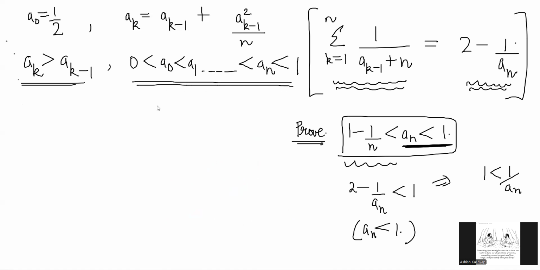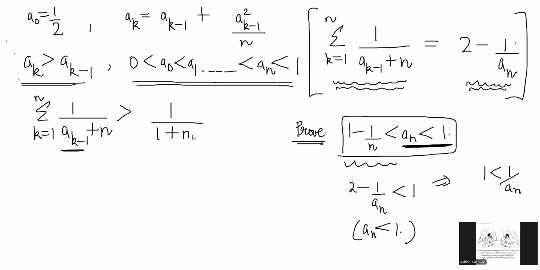So this is known to us. Therefore, what we can say is this summation k goes from 1 to n, 1 by ak minus 1 plus n will be greater than the same sum if I replace ak minus 1 with 1, right? Ak minus 1 is clearly less than 1. So I have replaced that with 1. So I get a different inequality now, right? I hope this step is clear to everyone.